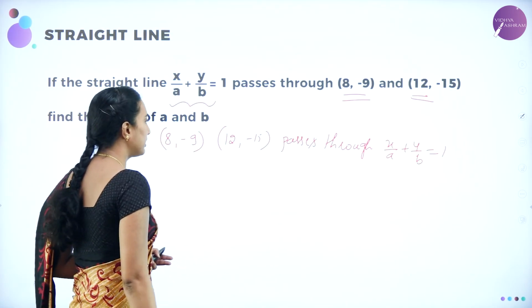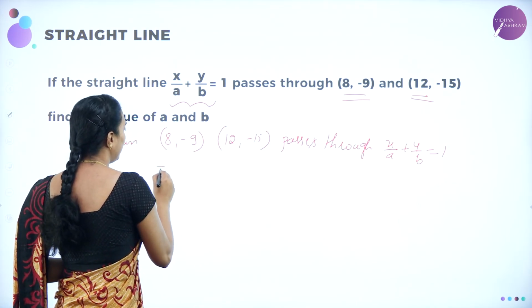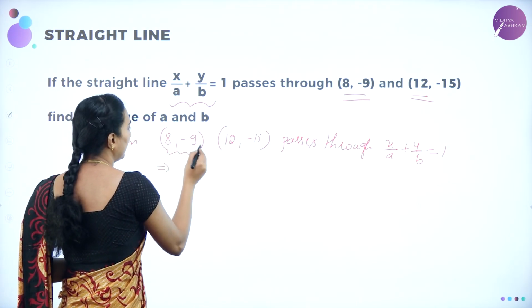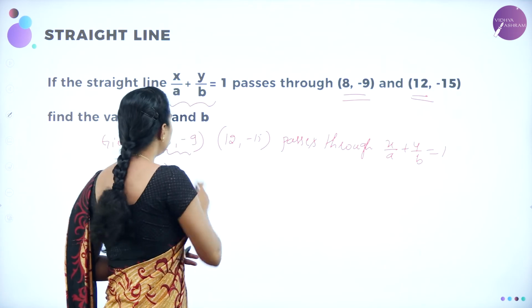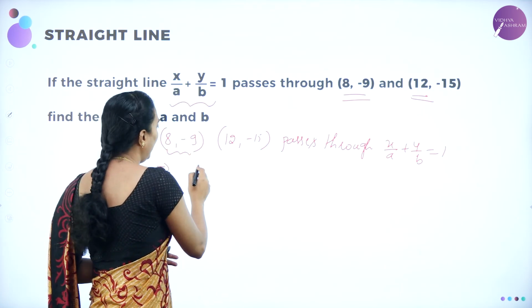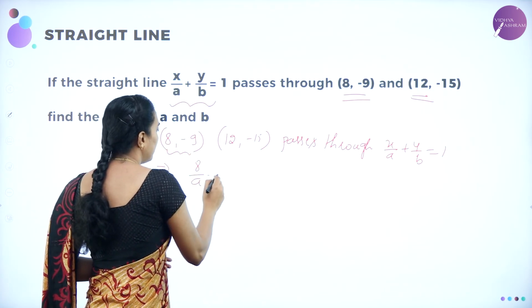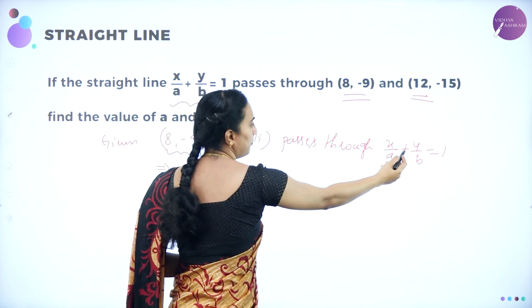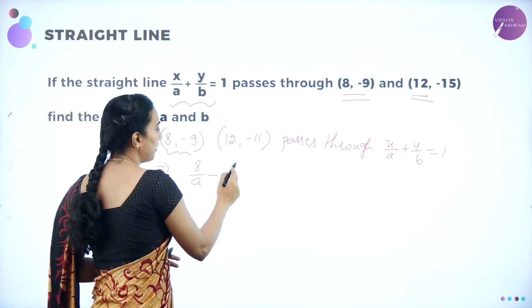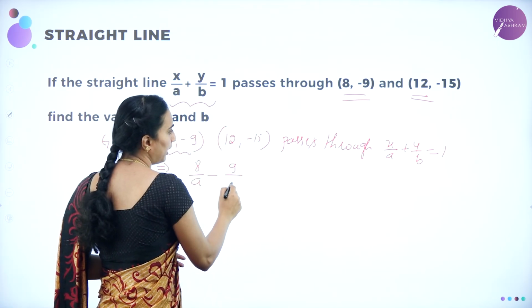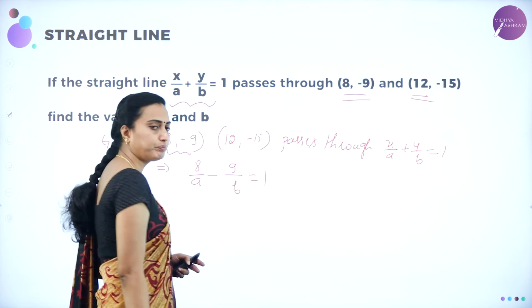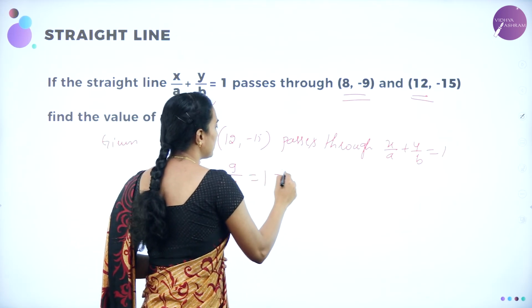Let me substitute the x and y values. First substituting 8 and minus 9 as x and y. This is the x value, this is the y value. So 8 by a, plus into minus is minus, 9 by b is equal to 1. Let me call this equation 1.